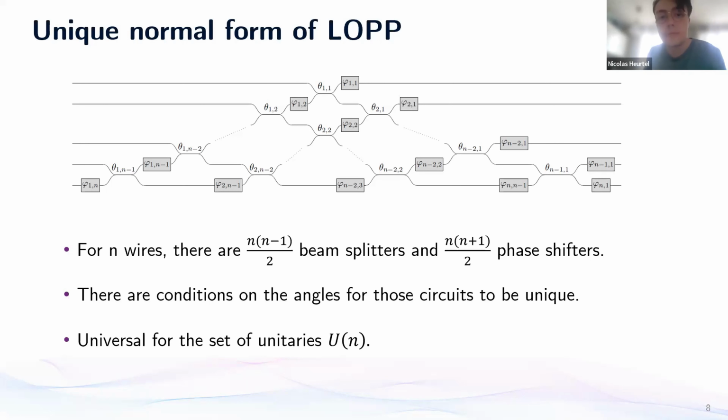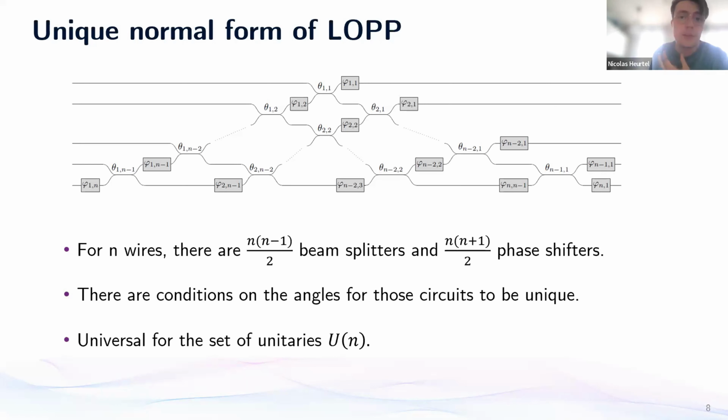Also, there are some properties on the angles so that the circuit is unique. For instance, if you have a zero angle theta, then all the thetas under it and on the diagonal are also zero. So there are some conditions for that circuit to be unique, but in general, just imagine a triangular circuit with n squared coefficient parameters.